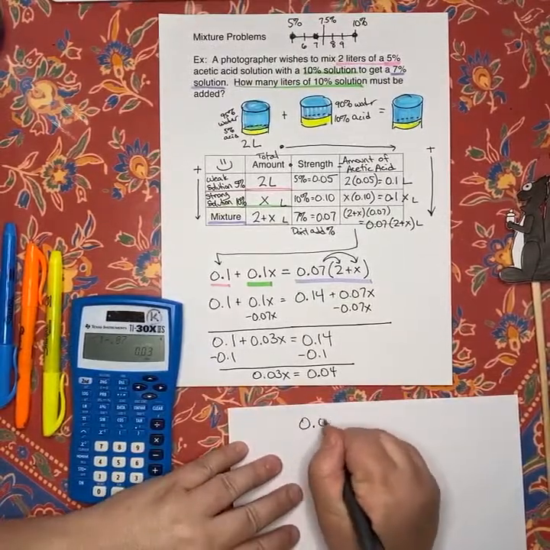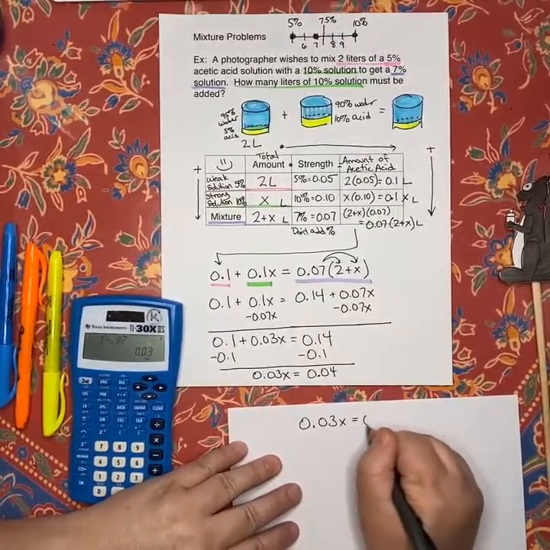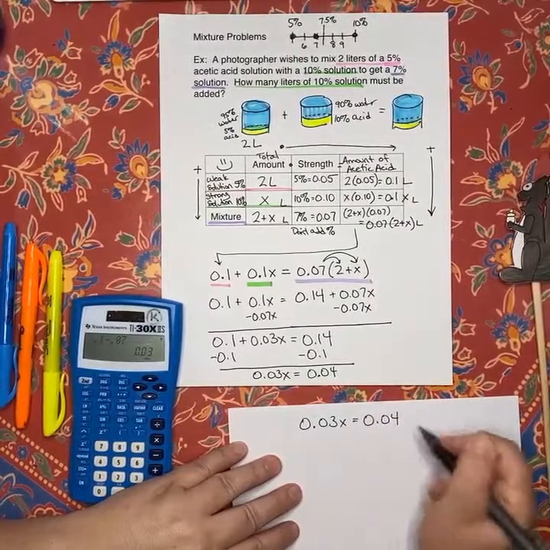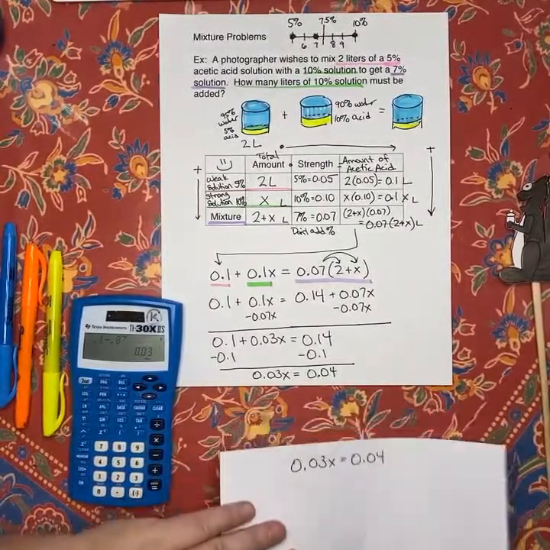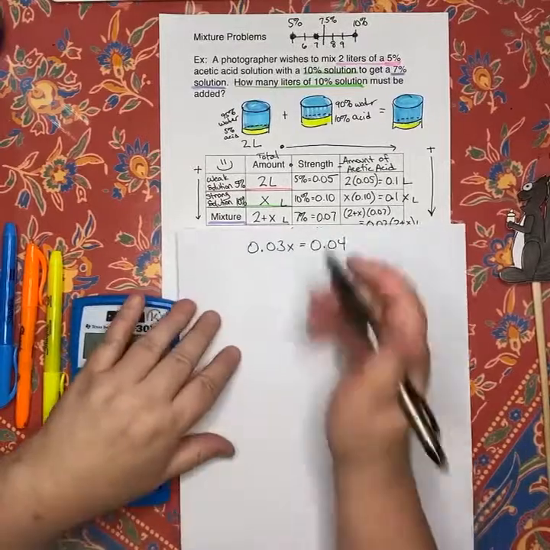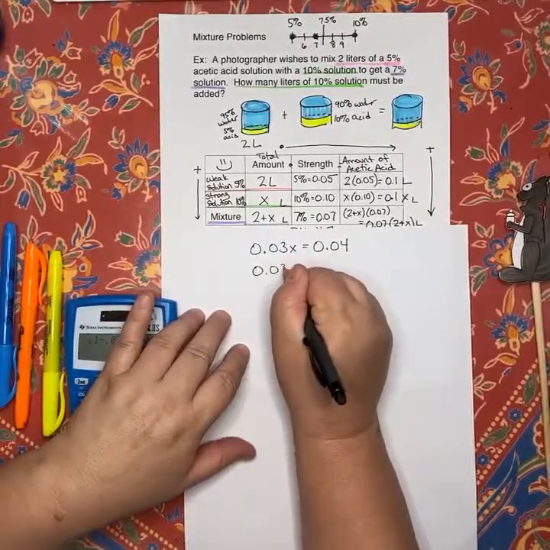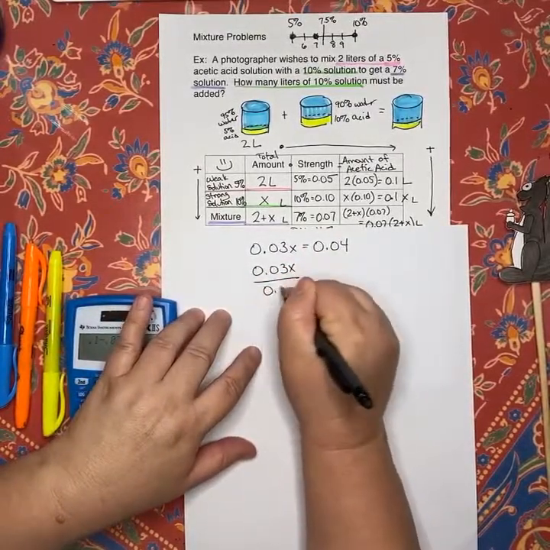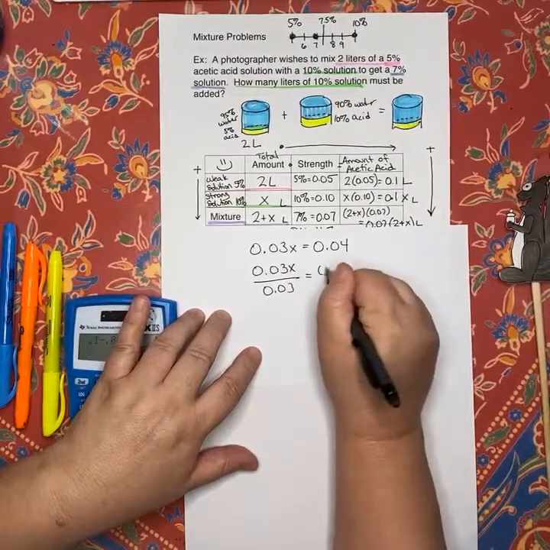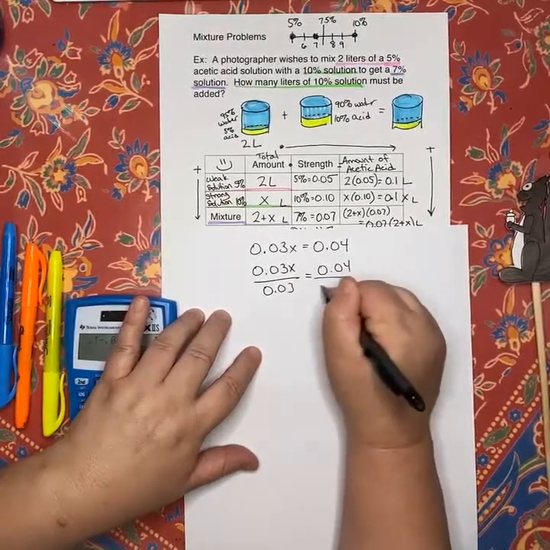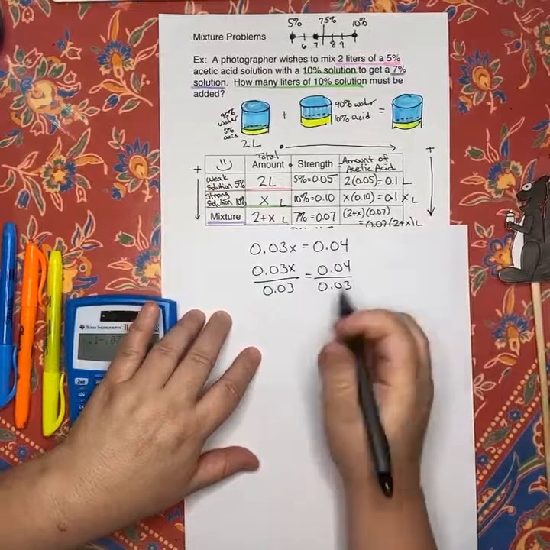So 0.03x equals 0.04. And then my last step is going to be to divide 0.03x all over 0.03 equals 0.04 all over 0.03.